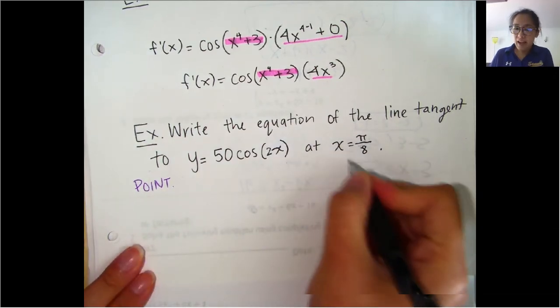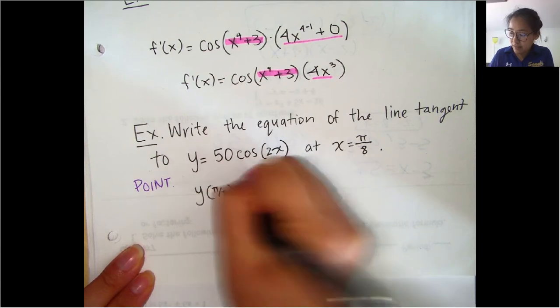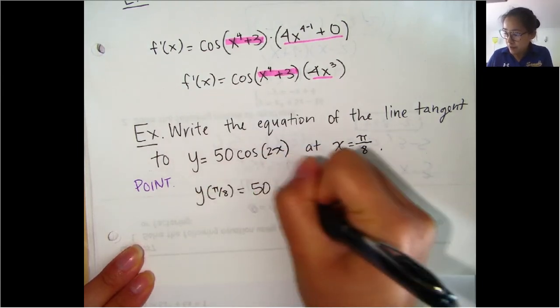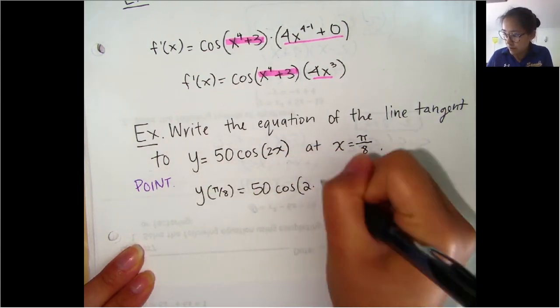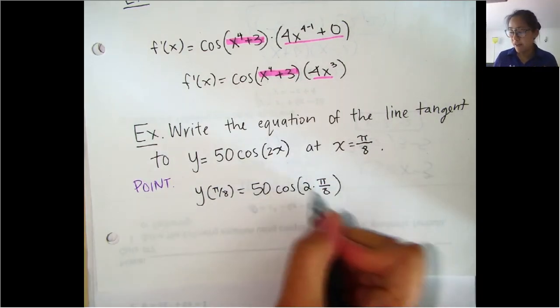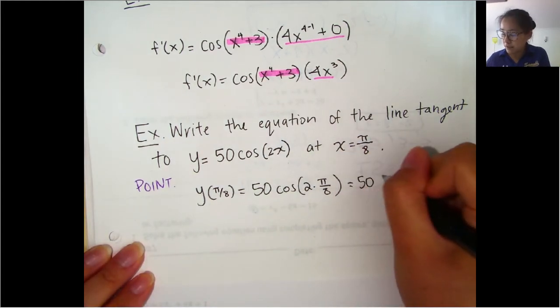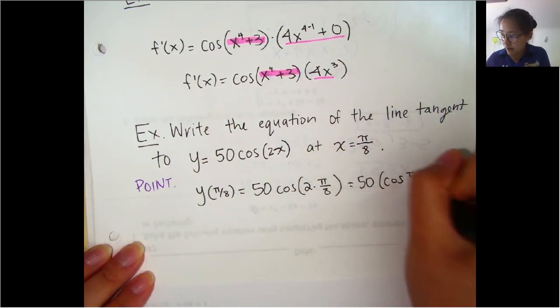And so then we'll plug in x equals pi over 8. So that's y of pi over 8 equals 50 cosine of 2 times pi over 8. Well, 2 times pi over 8, if you simplify that, that's the same as pi over 4. So this is equivalent to 50 times cosine of pi over 4.